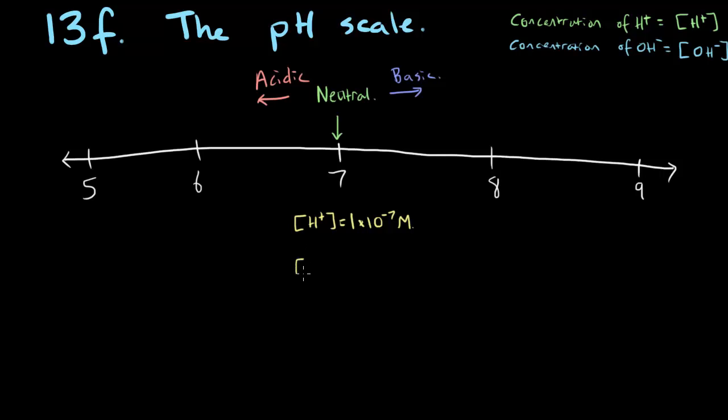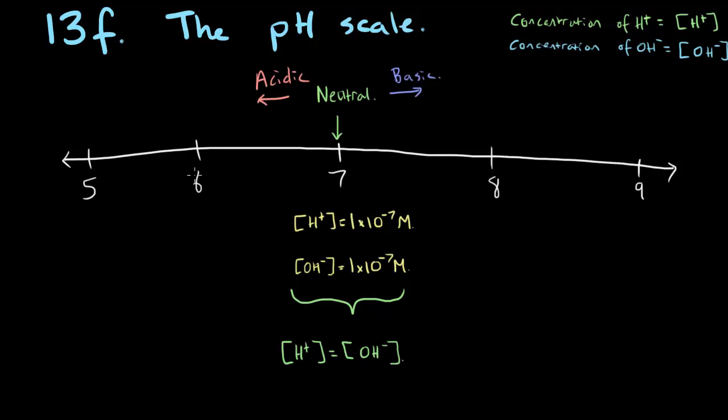And our concentration of OH- is also equal to 1 times 10 to the power of -7 moles per litre. One key thing about a neutral solution is that the concentration of H+ and the concentration of OH- is the same. That's actually the definition of neutral, when these two ions are in equal concentration to each other.